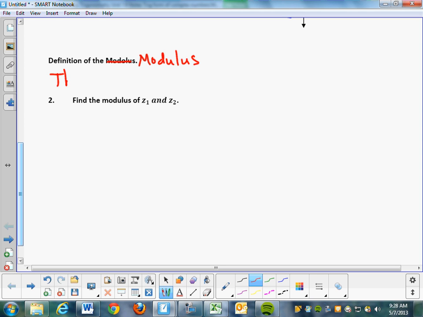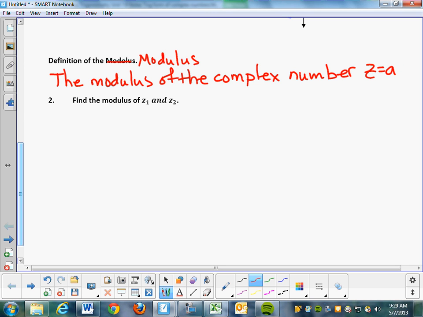The modulus of the complex number z equals a plus bi is expressed as that.